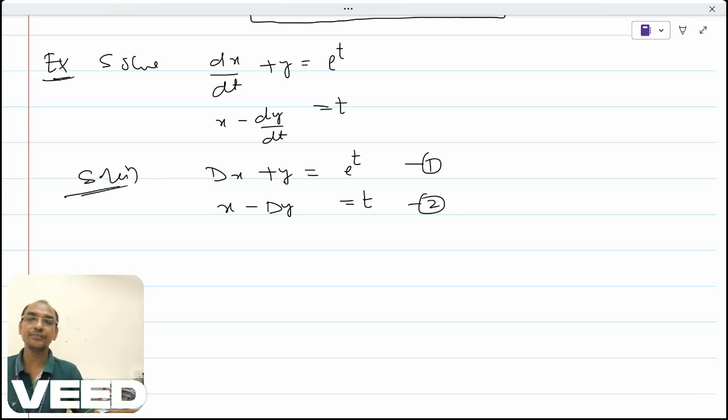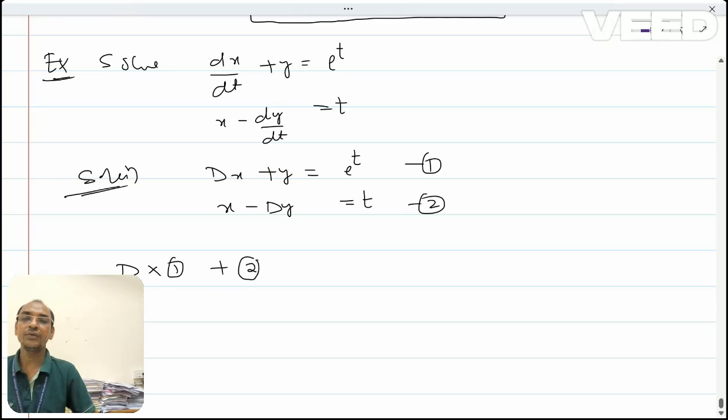Since minus is there, let me first try to eliminate y. So what I will do, I will multiply equation 1 by D. So D into equation 1 plus equation 2.